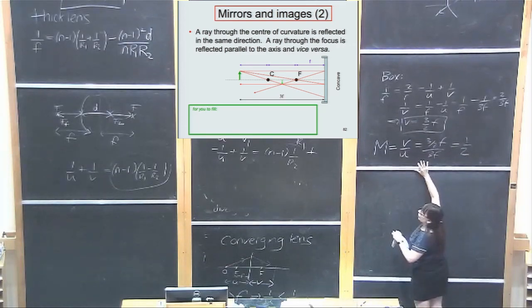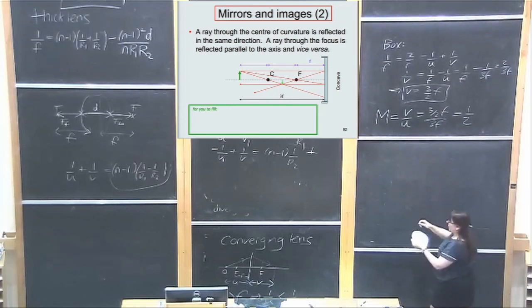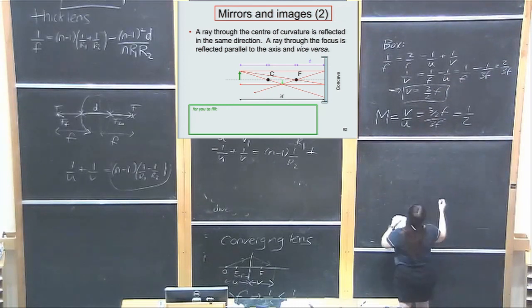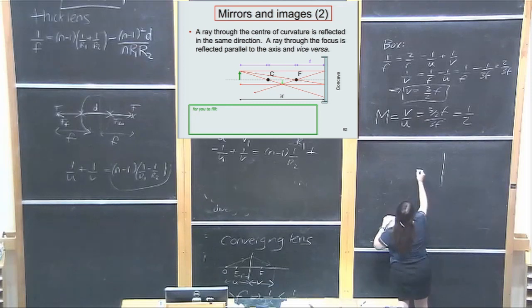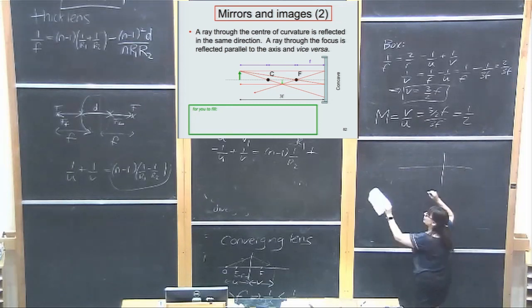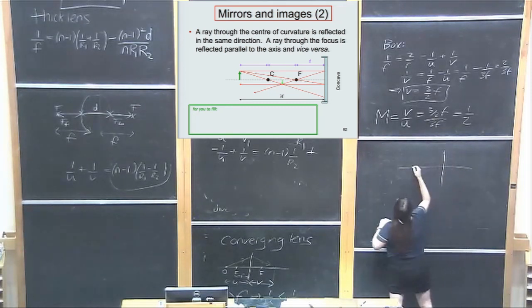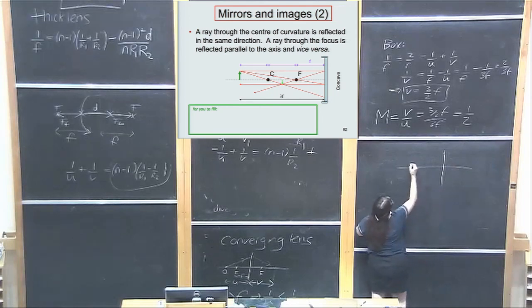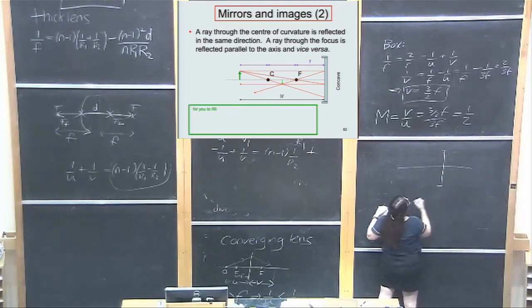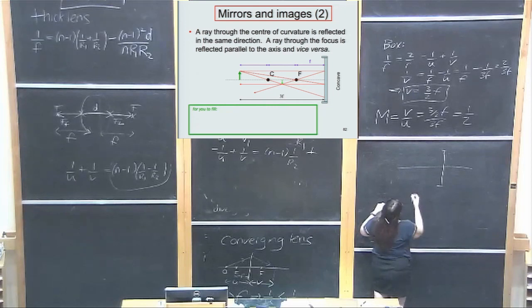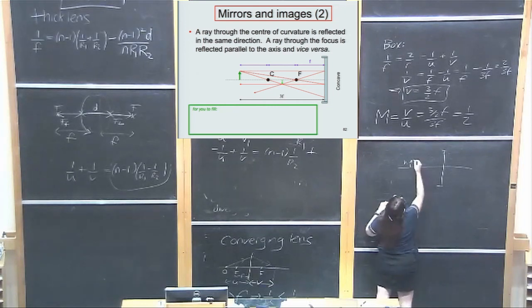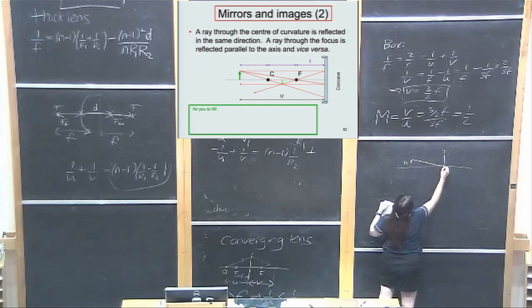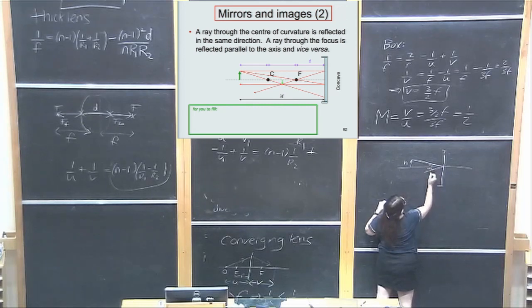Why is that true? Well, maybe it's already obvious to you from that diagram, but one set of rays that is useful to see it, which I haven't drawn on there because it would have got too messy, is just that, so this is my mirror again. Let's give it little feet to show it's concave. Right, so if I have my object here, for example, and let's look at the ray that's going to come right into the centre of the mirror, and it's obviously going to come out at the same angle as well. That's supposed to be the same angle.